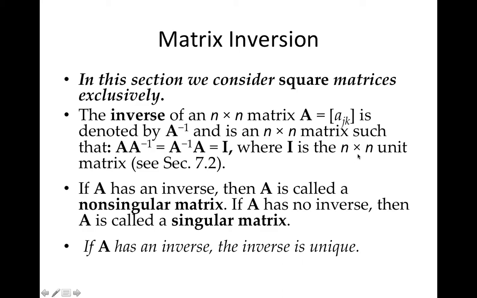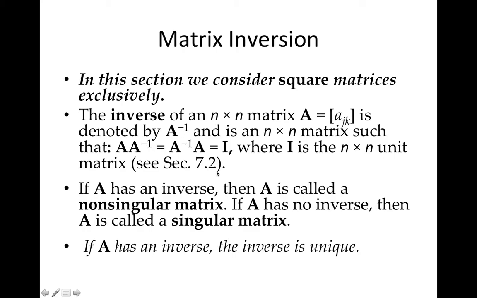It has dimensions n by n, with ones along the diagonal and zeros everywhere else. Notice that if you have an inverse, the order of multiplication doesn't matter, which is somewhat unique. You'll get the identity matrix whether you multiply A times A to the minus 1 or A to the minus 1 times A.